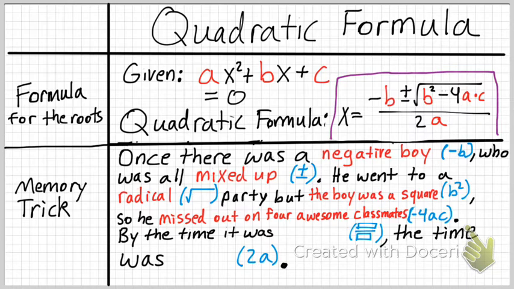And by the time it was all over, which tells me that I'm going to need to put everything else that came above over something else, the time was 2 a.m. And that's what tells me about 2a. So this is just a little trick that you can use to help you learn the quadratic formula and keep it in your brain.